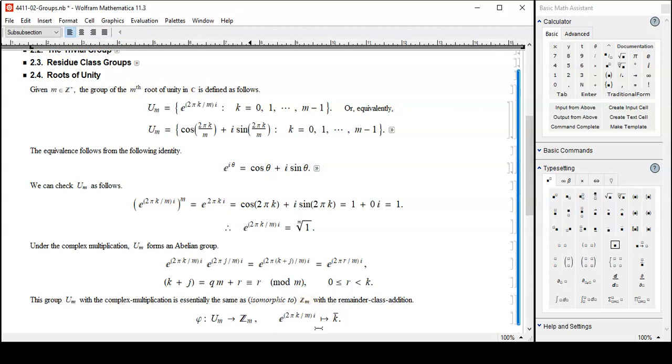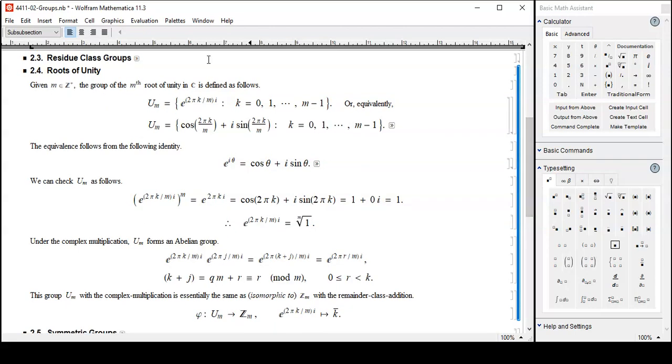So the conclusion is, you don't have to know anything about roots of unity because this is exactly the same as residue class groups. So why bother? Well, in abstract algebra 1, there's no reason, so many people don't cover it, and I'm covering it, yes, but I'm doing it only as an optional video. For example, most of my colleagues do not cover it.